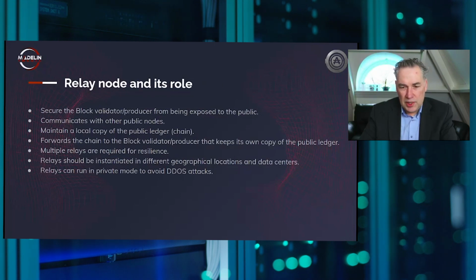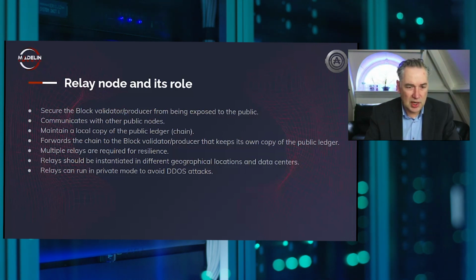We saw in the schema before, there's also a relay node involved in this whole process. And the relay node has a few duties. One is to secure the block validator and producer from being exposed to the public. And that's of course vulnerable.